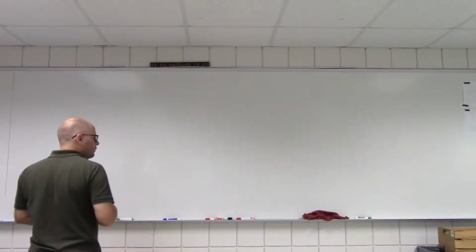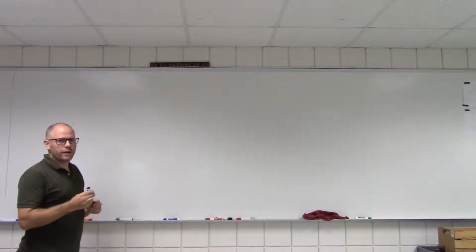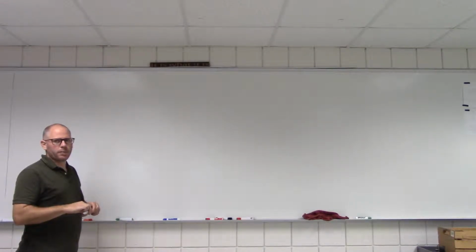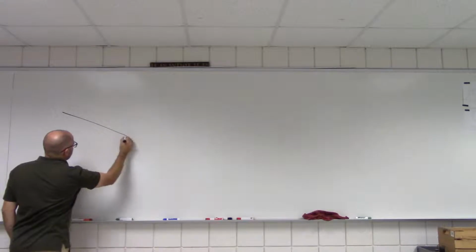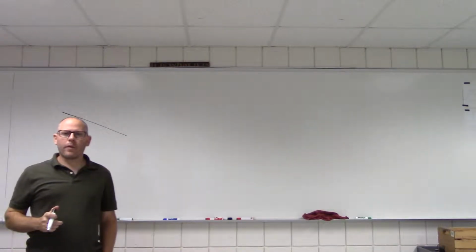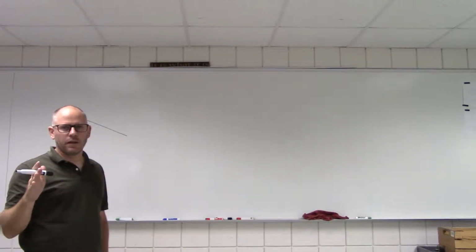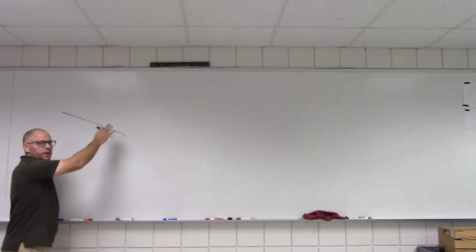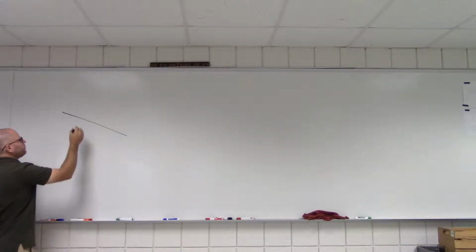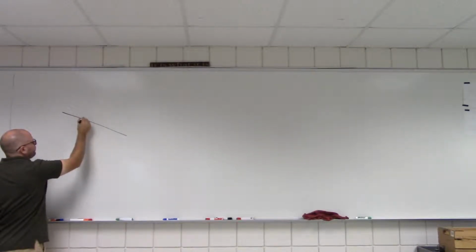So let me draw one of our cart scenarios, and let's see if this makes some sense for us. So here's our ramp, and again, our ramp implies constant acceleration. We'll talk more about it later, but it's the steepness of the ramp that determines the acceleration. But let's say you started from here.